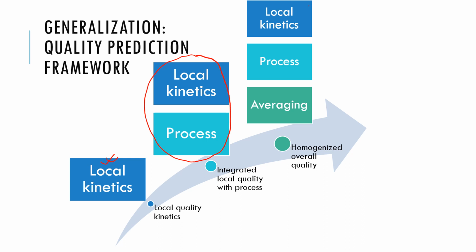And then final step, we also do some sort of averaging of the quality. In the following slides, we will see detailed examples in case of nutrient, color, flavor, and texture.